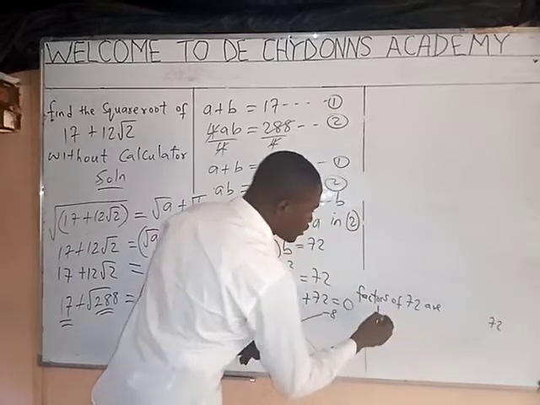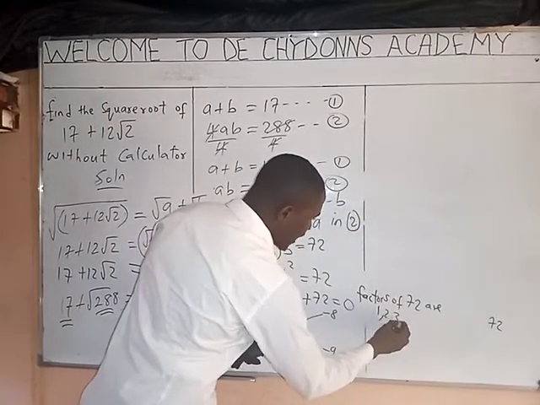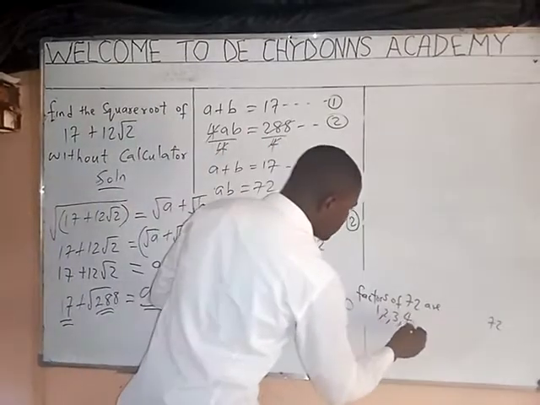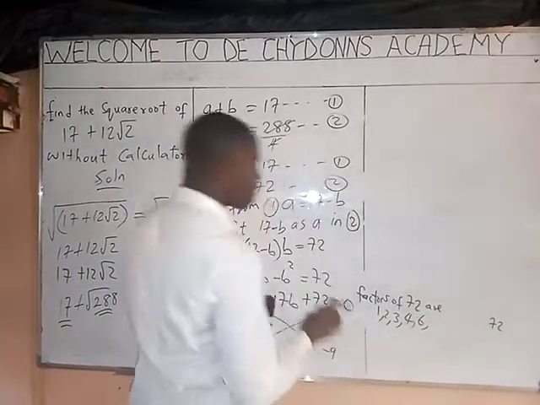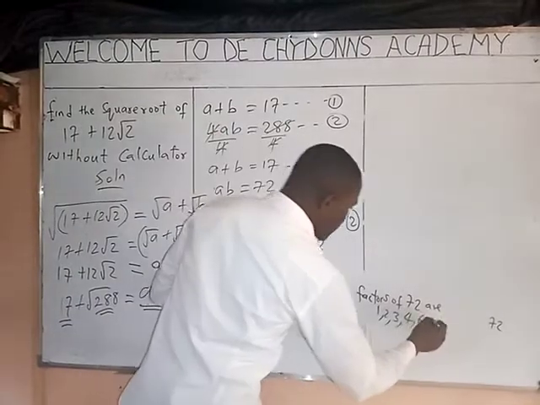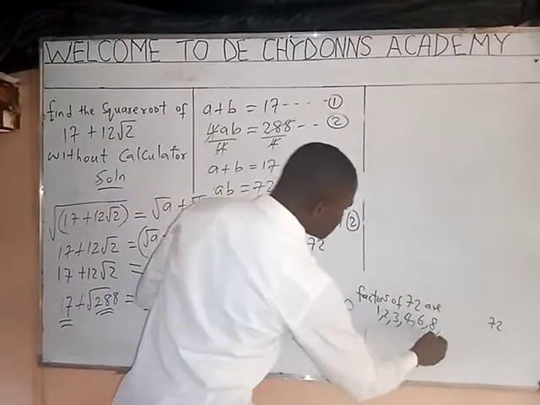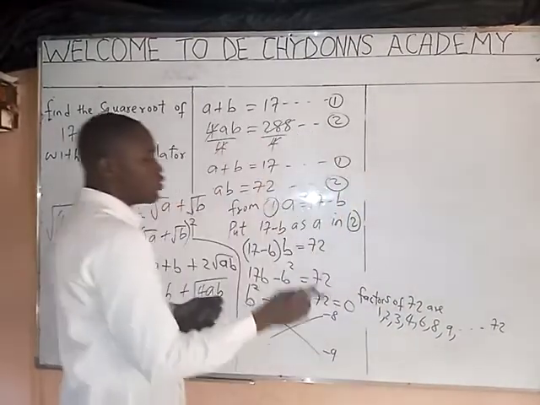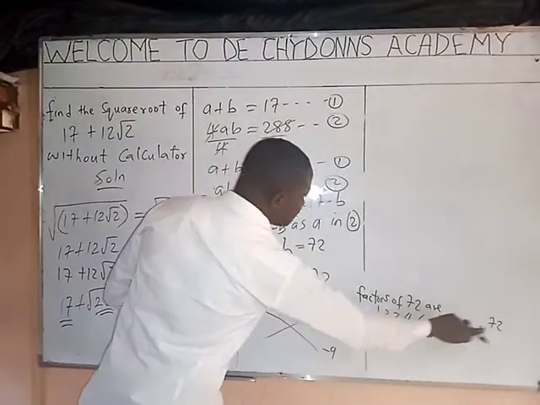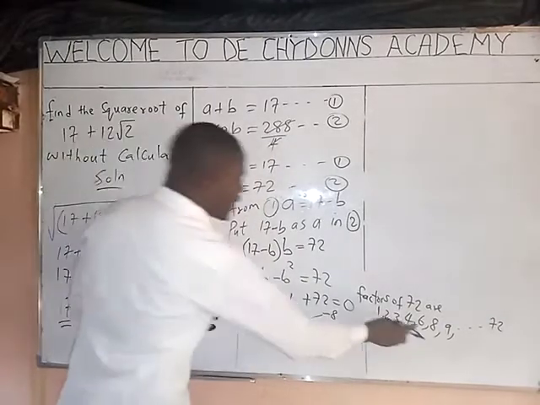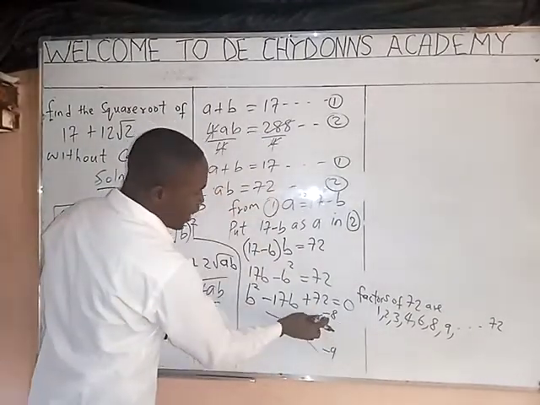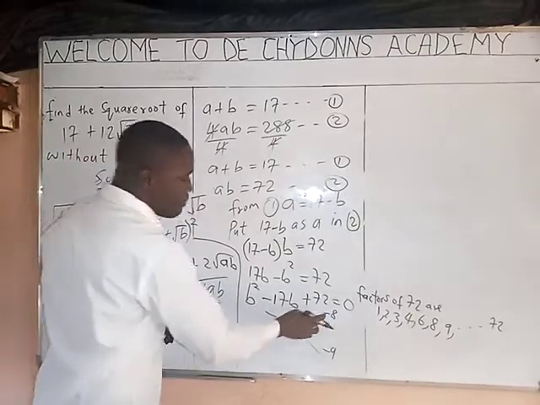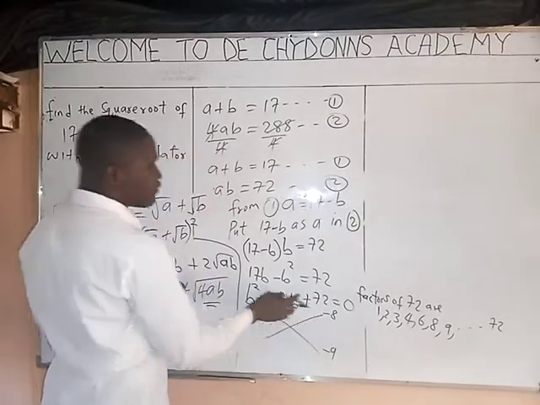You write the other ones: 2 can divide, 3 can divide, 4 can divide, 6 can divide, then 8 can divide, 9 can divide, and so on. So we pick 2 factors from factors of 72. We pick 8 and 9 because minus 8 minus 9 will give you minus 17. Minus 8 times minus 9 will give you 72.